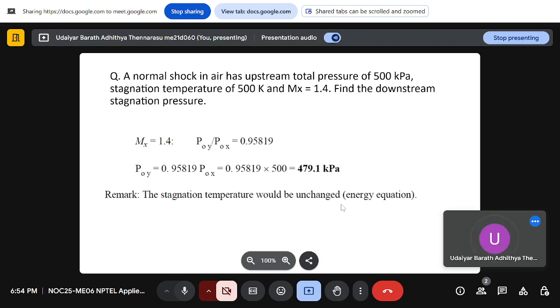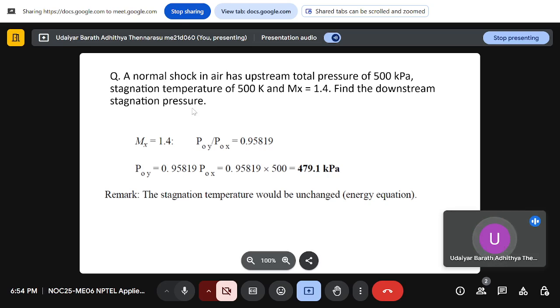Next, a normal shock in air has an upstream total pressure of 500 kilopascal, a stagnation temperature of 500 Kelvin, and a Mach number of 1.4. We need to find the downstream stagnation pressure.